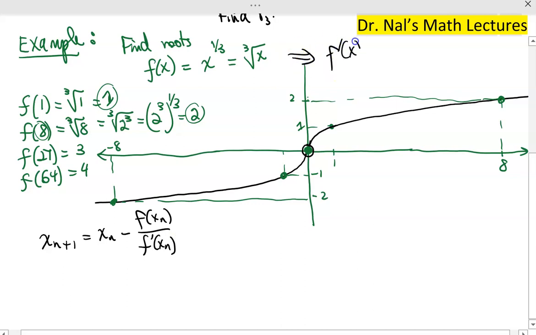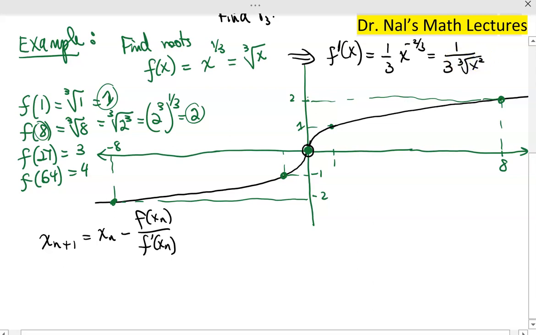Let me just do it on the spot. F prime of x is simply 1/3 x to the power -2/3, and let's just write it that way, 3 times the cubic root of x squared, in the denominator.